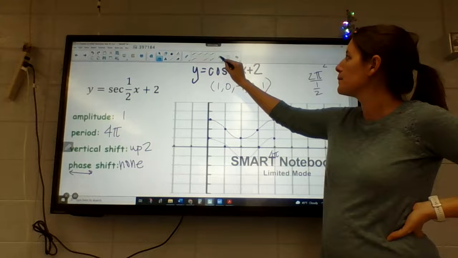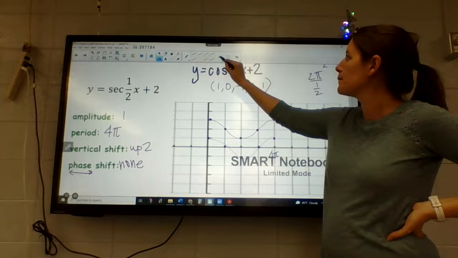So again, when we're doing these, 4 times the cosecant, so that means we're gonna do sine. So the amplitude, 4. The b value is 1, so the period's going to be 2 pi.